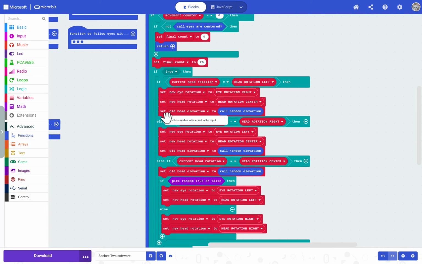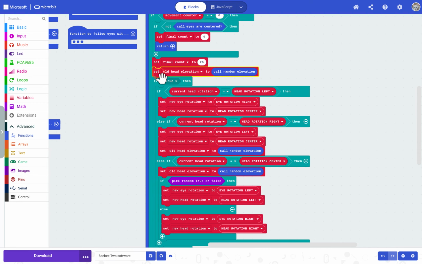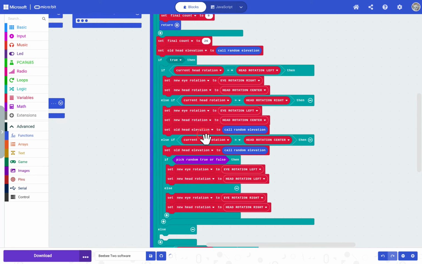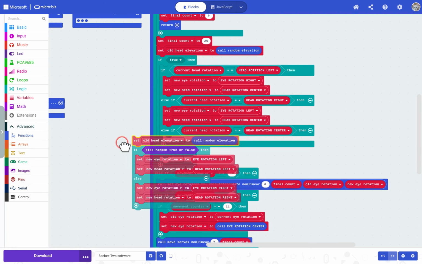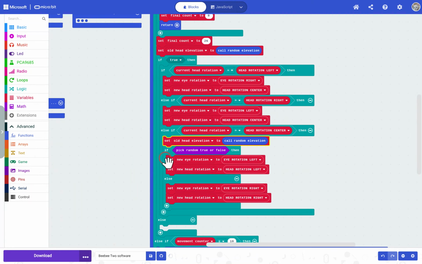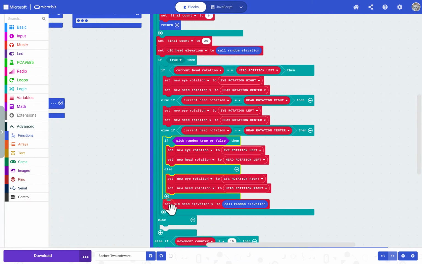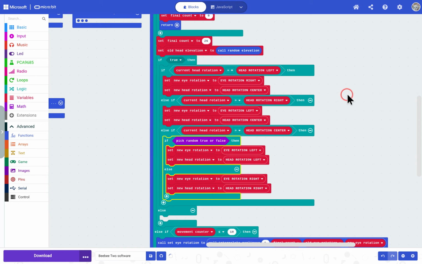this random elevation, we're probably going to do that no matter what, right? So any of these are already done, kind of like we just did. That'll simplify it.